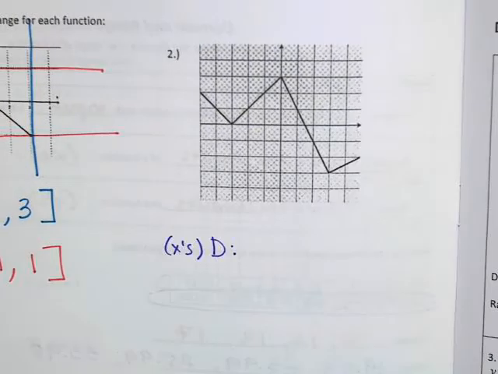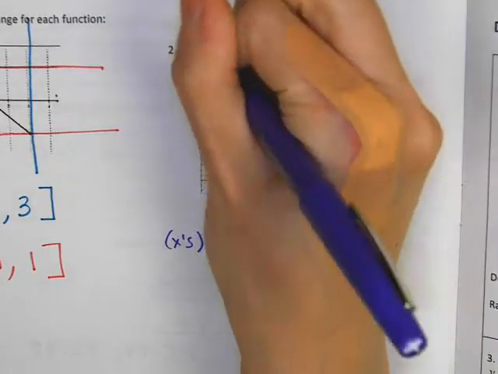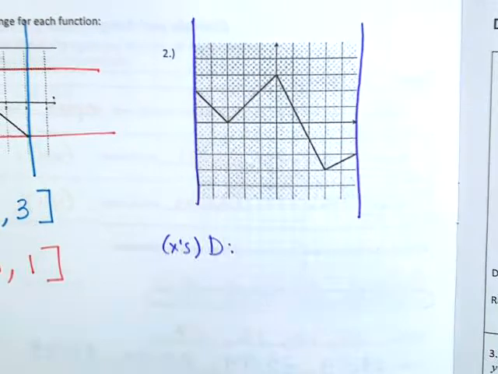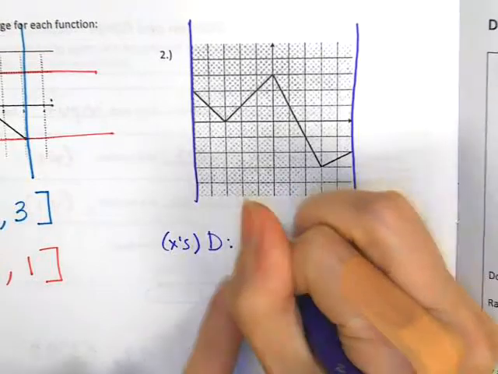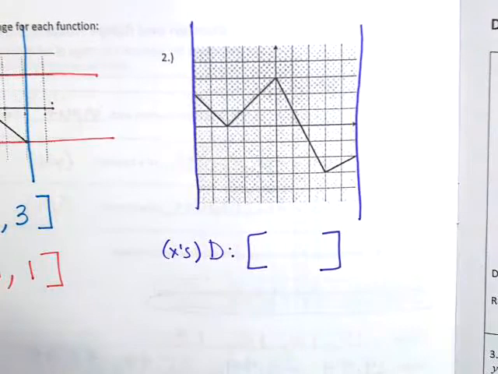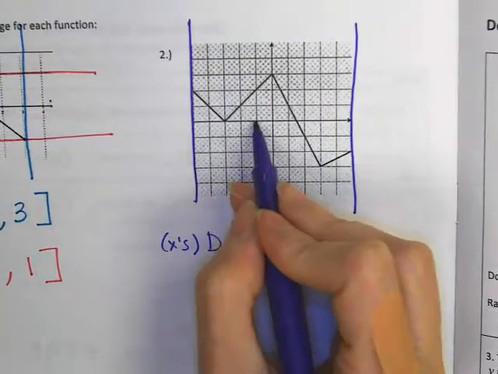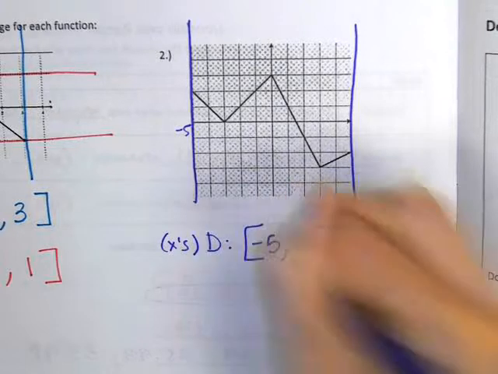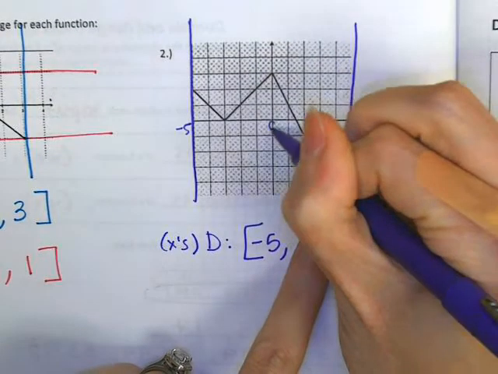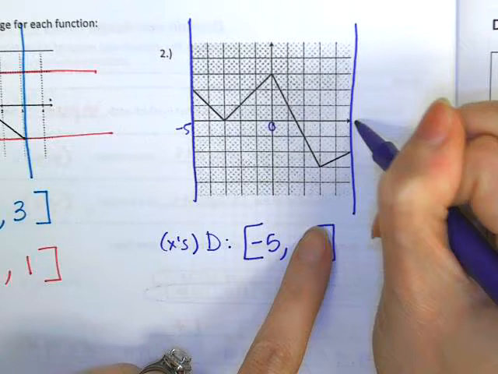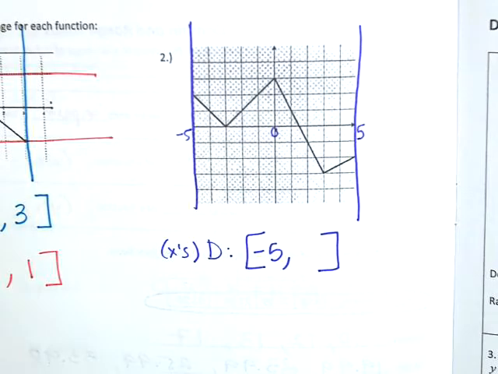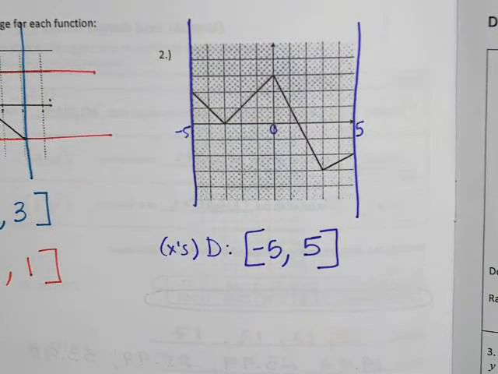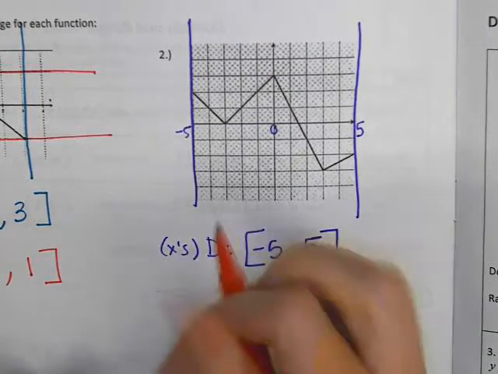All right, for the x's, cut the graph off on the left and the right, and tell me what x values the graph covers. Okay, so this is 1, 2, 3, 4. This is -5. And, okay, this is 0. 1, 2, 3, 4. This is +5. So in the x direction, the graph covers -5 to 5. Now let's do the range.